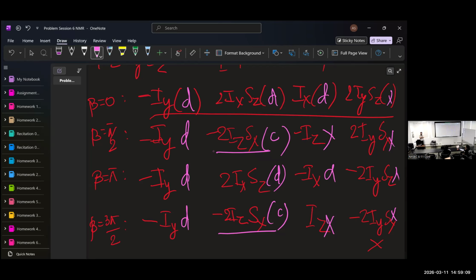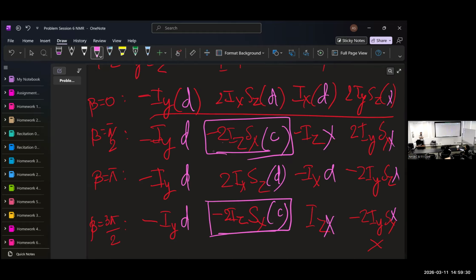So, for example, IY is going to have the same line shape as 2IXSZ, or they're two, one is in phase and the other is antiphase. Or even, for example, IY and 2IZSX.